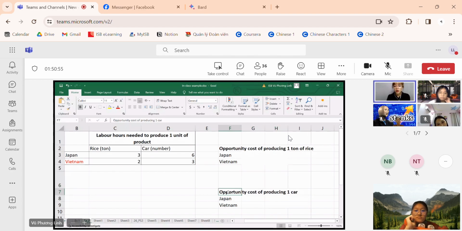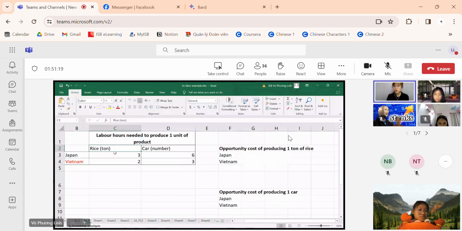Opportunity cost of producing a car. Again, don't let the terms confuse you. Opportunity cost is simply what you give up to produce a car. So for Japan, if they spend the resources to produce a car, how many tons of rice do they need to give up?